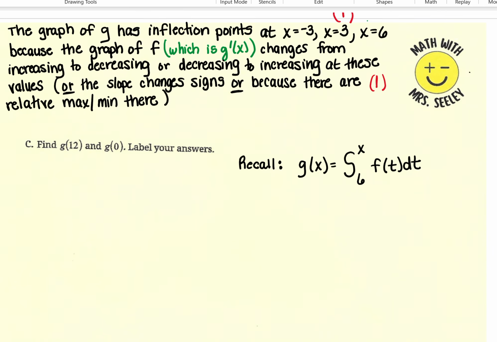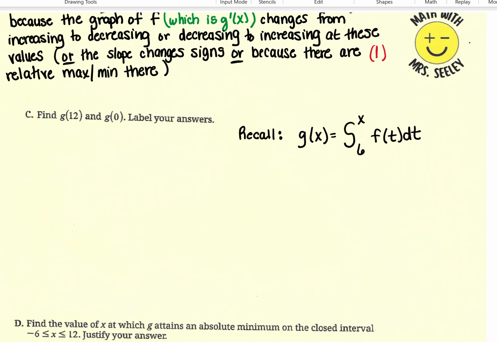Okay, let's take a look at part C. Part C says to find g of 12 and g of 0. All right, so for g of 12, let's recall what g of x is. If they want to know what g of 12 is, that means you're going to put a 12 right there. So then I will say g of 12 is equal to the integral from 6 to 12 of f of t dt.